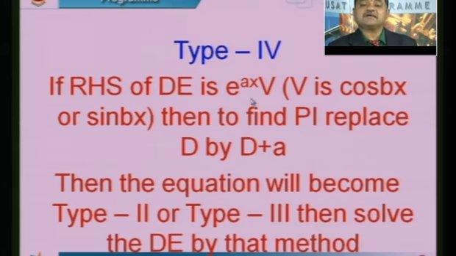The method of e power ax is over, it comes to the left, and you are left with only v. Since v is cos, sine or polynomial, it will become a type 2 or type 3 problem. Then solve the differential equation by that method.